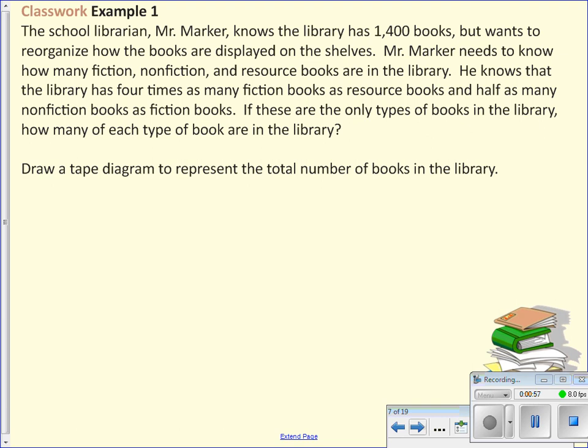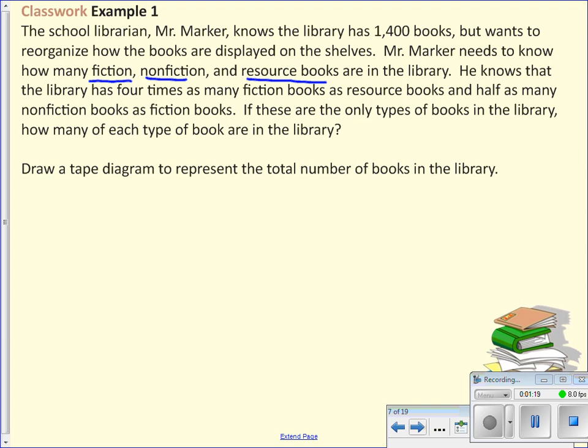Okay, so example 1. The school librarian, Mr. Marker, knows the library has 1,400 books, but wants to reorganize how the books are displayed on the shelves. Mr. Marker needs to know how many fiction, nonfiction, and resource books are in the library.